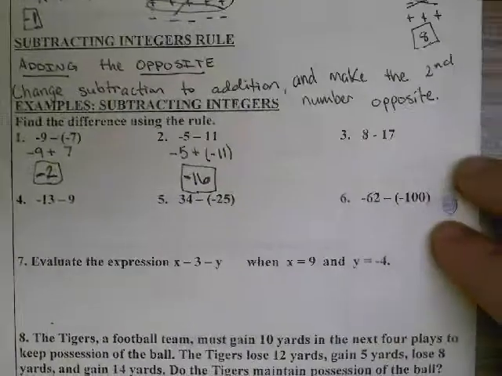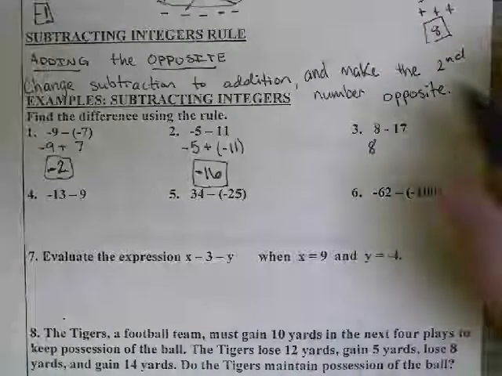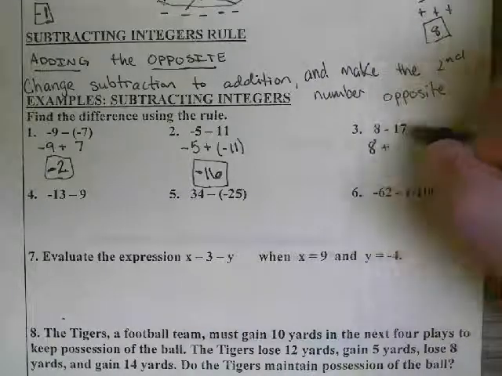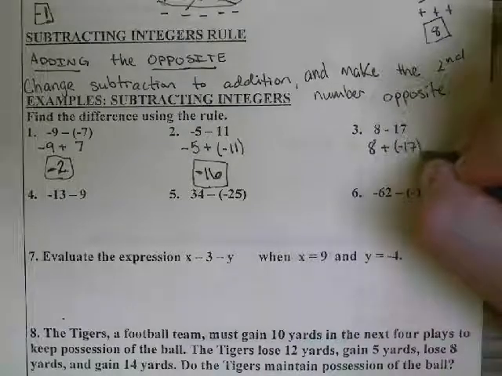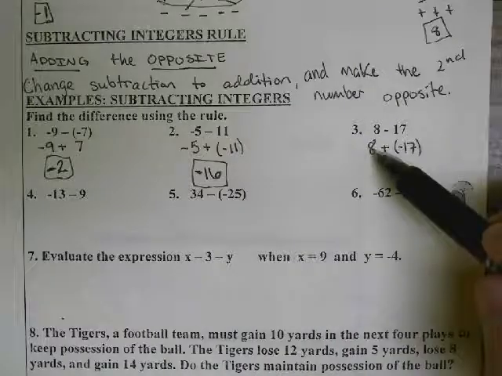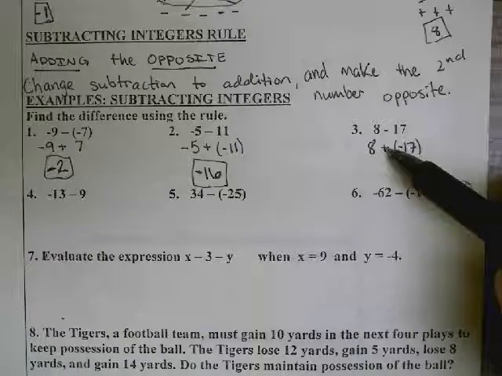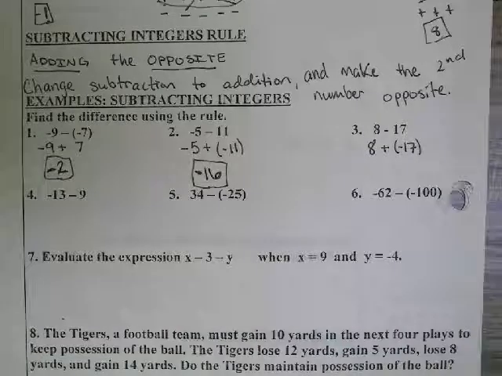Number 3. Keep that first number the same. Then we add the opposite. And what's the opposite of 17? Negative 17. We're going to keep that first number the same, then add the opposite. The opposite of 17 is negative 17. Go through our 3 questions.